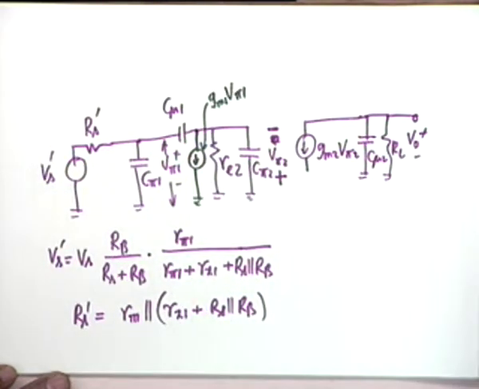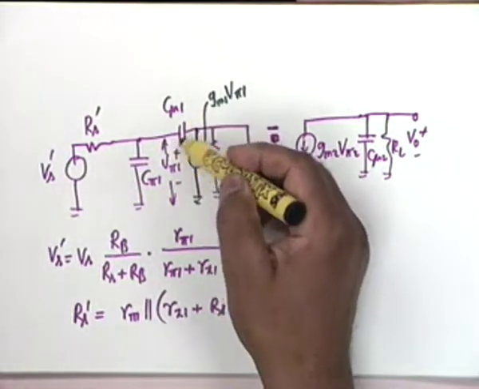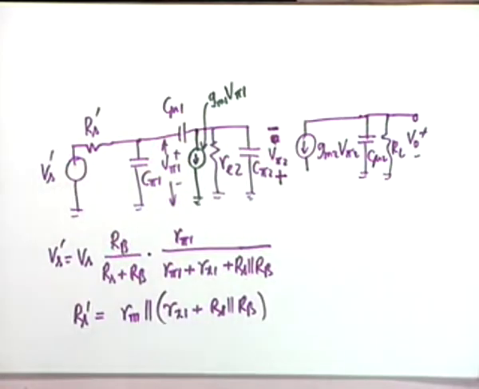Now we make some more simplification. This C mu 1 still bothers us. Okay, C mu 1. If I could take the effect of C mu 1 partly in the input circuit and partly in the intermediate circuit, things would have been wonderful. Now this is facilitated by Miller effect, number one, Miller consideration. Miller consideration is also greatly simplified here because of several reasons.